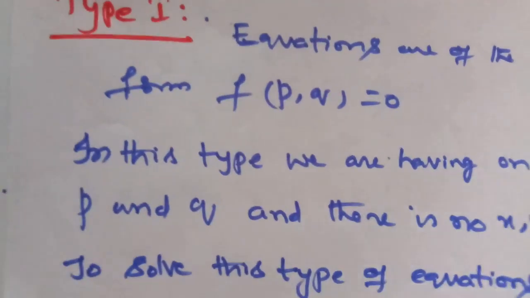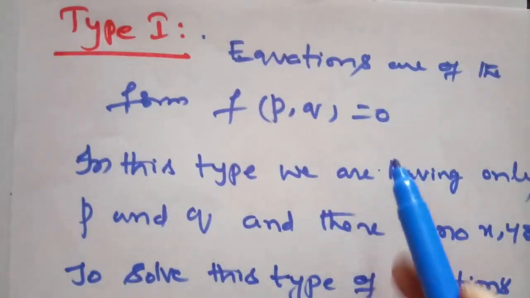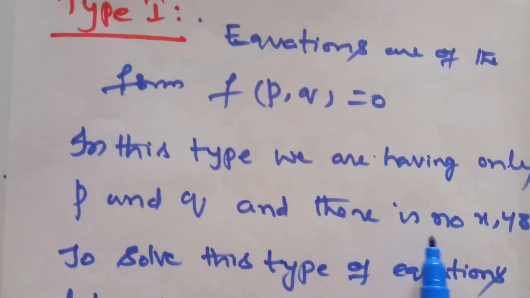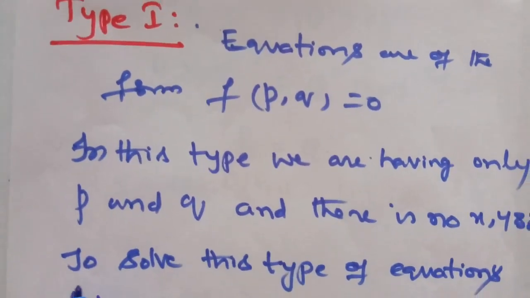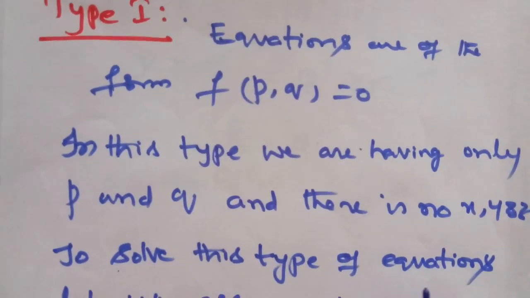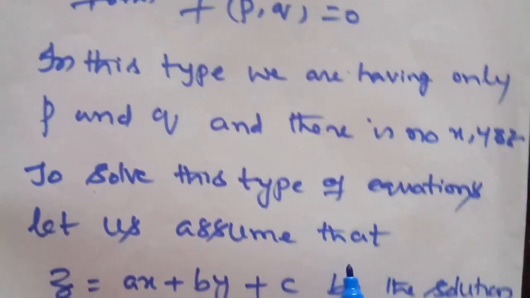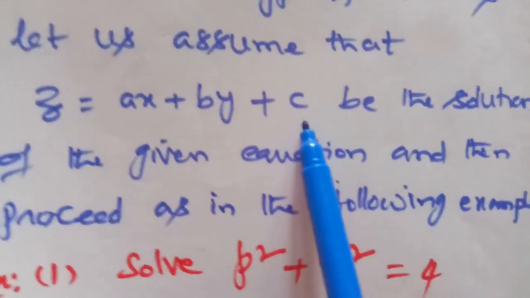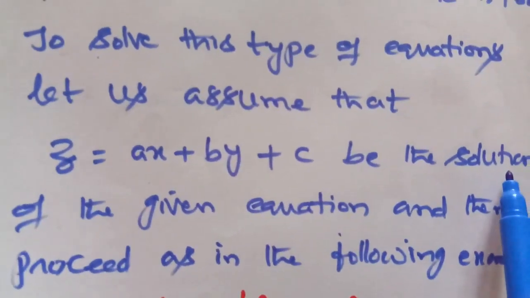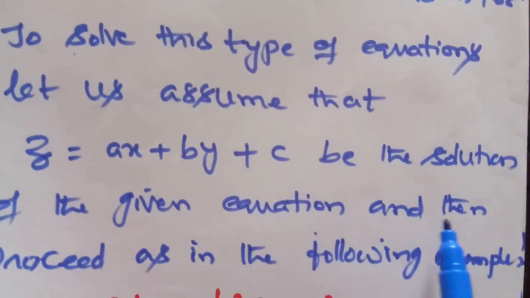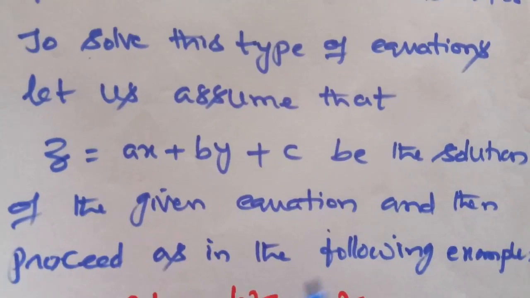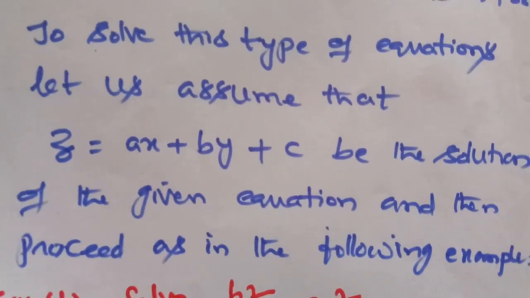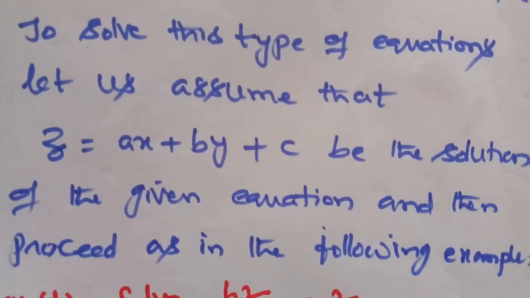First write down the given equation f of pq equal to 0. In this type we are having only p and q and there is no x, y, z. So to solve this type of equations, let us assume that z is equal to ax plus by plus c be the solution of the given equation, and then proceed as in the following examples. We already solved many examples in type 1. Now we can follow the same procedure.